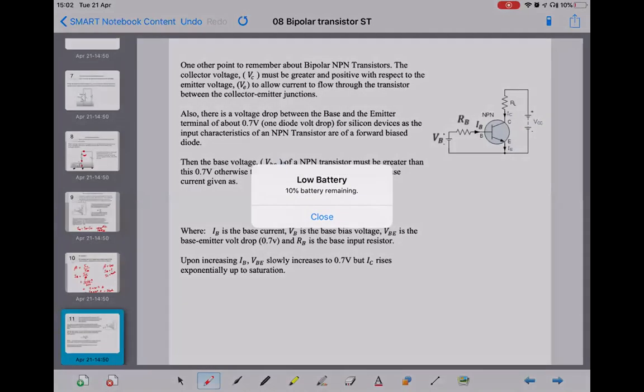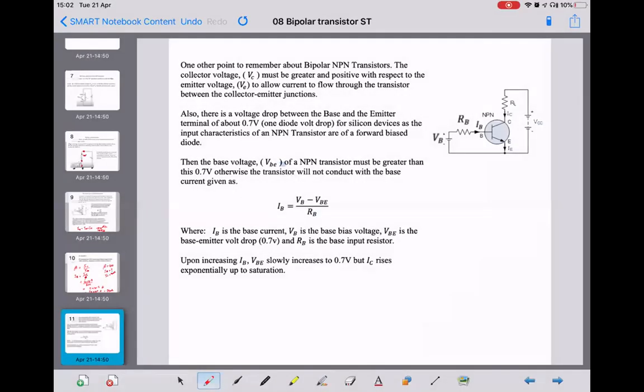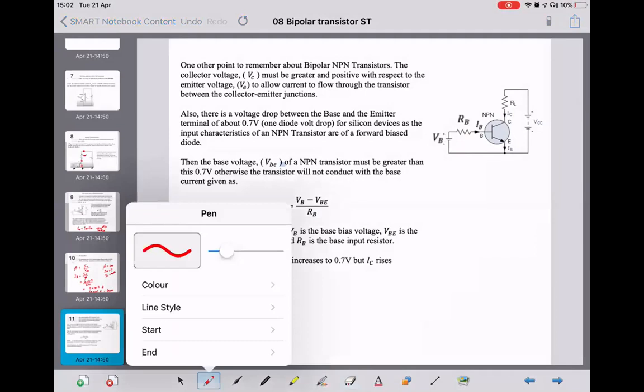So we've got this resistor RB in series with the base. We must have 0.7 volts across base to emitter for it to work.